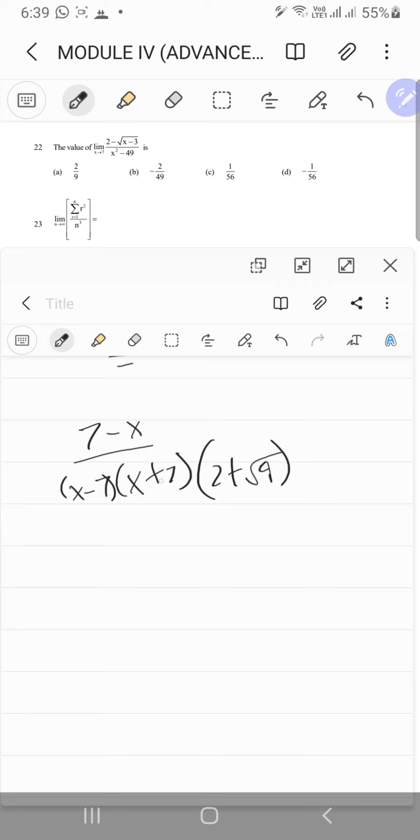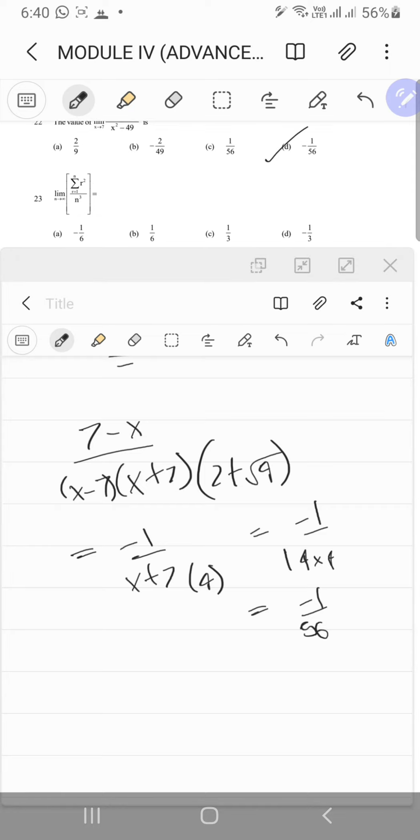Yes, I did. This is getting really bad. Okay, where was I? So this is going to be negative 1 upon x plus 7 into 4. So just put 7 into this thing. So this should be negative 1 upon 14 into 4, which is negative 1 upon 56, I think.